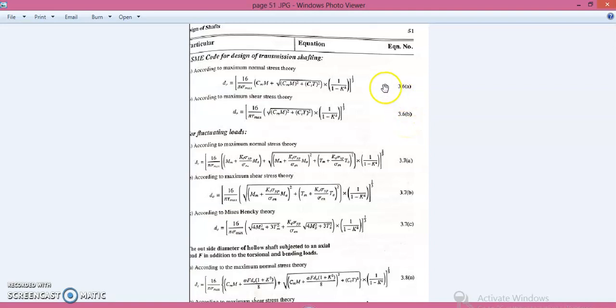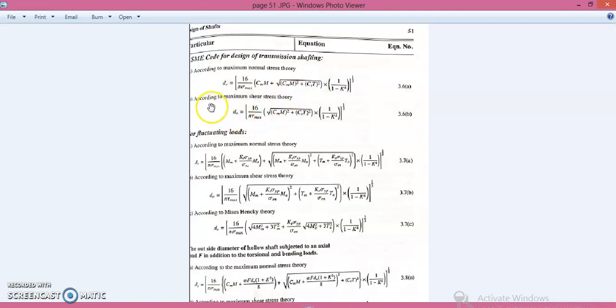The first equation is, according to the maximum normal stress theory, we have D is equal to 16 by pi sigma max into Cmm plus square root of Cmm the whole square plus Ctt the whole square. This term we don't have to consider. This is applicable for the hollow shaft. Since we are designing a solid shaft, we have to take only this section.